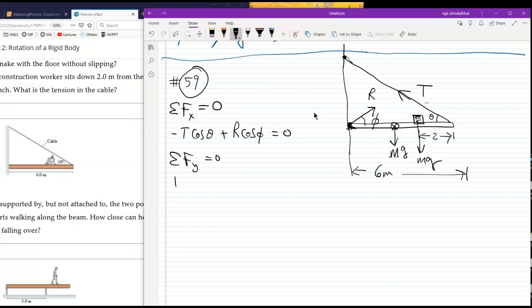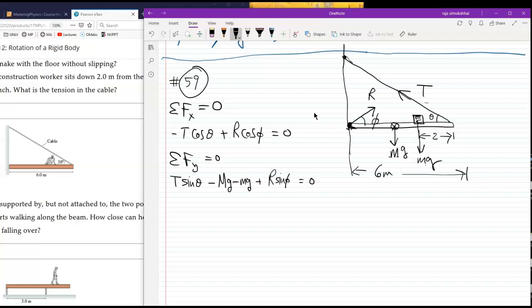It's going to be T sine theta minus big mg minus small mg, right? Plus big R sine phi equals 0.